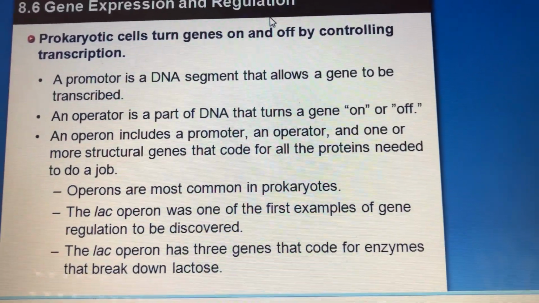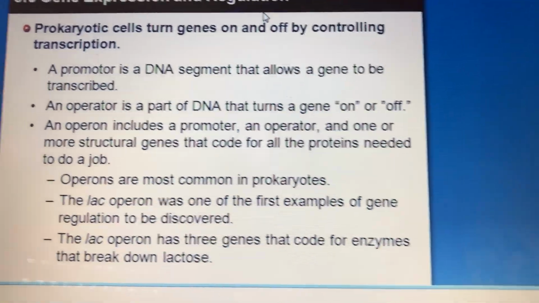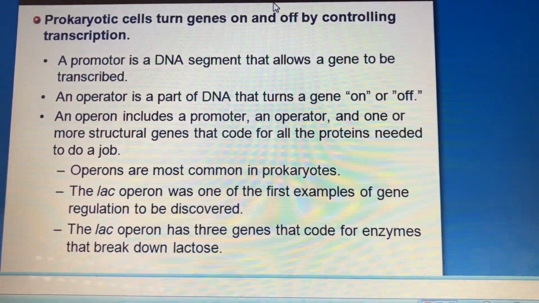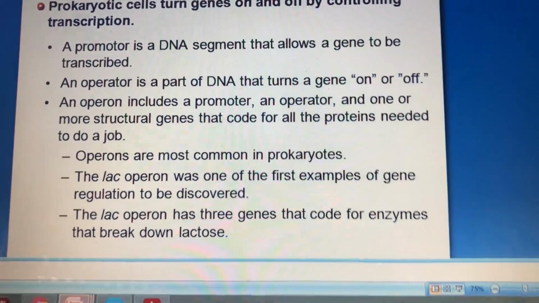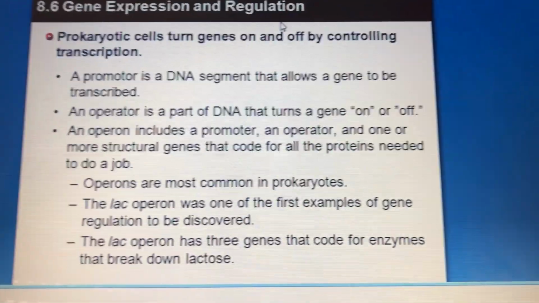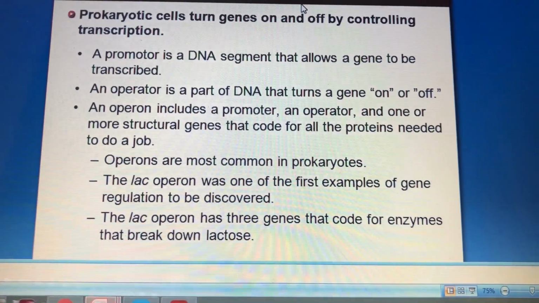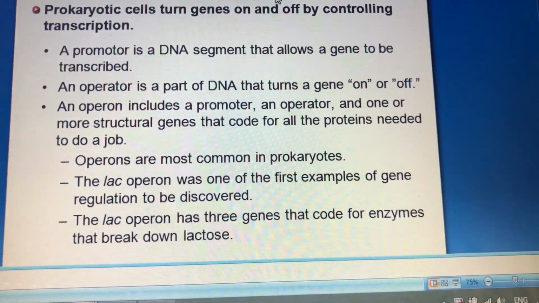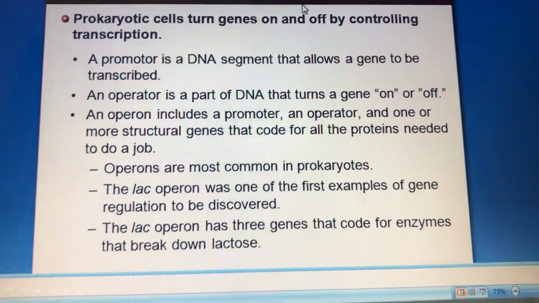Now, in prokaryotic cells, there are operons, which include the promoter, the operator, and the genes coding for all the proteins needed. Operons are most common in prokaryotes. If we take one example, there is an operon specific for the lactase protein. It's called the LAC operon.